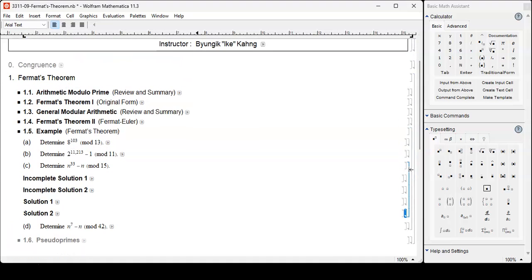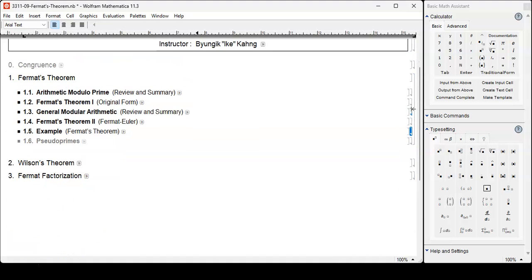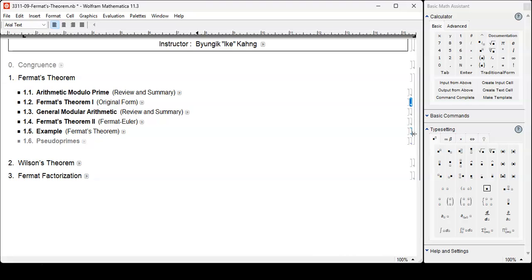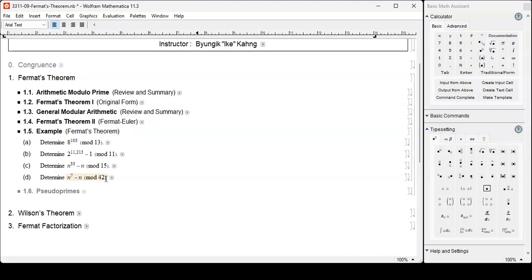It is a systematic method, and it works out using this one here. Want to do one more exercise? Okay, all right. Here we go. N to the 7th power minus n.